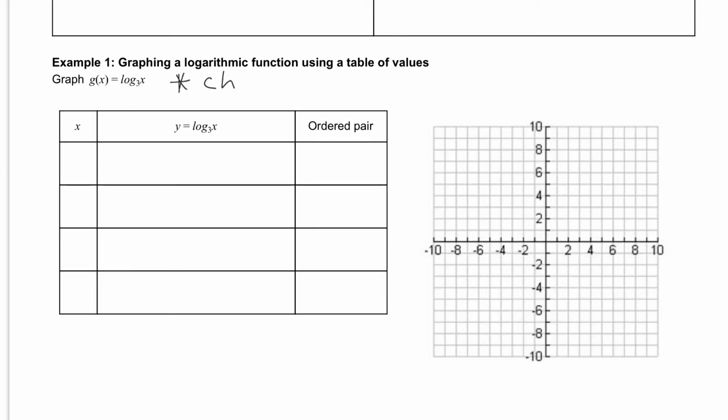So we want to choose an x that's a power of 3. And again, whatever your base is, that could change. So if your base was 4, you'd choose a power of 4. If your base was a half, you'd choose a power of a half.